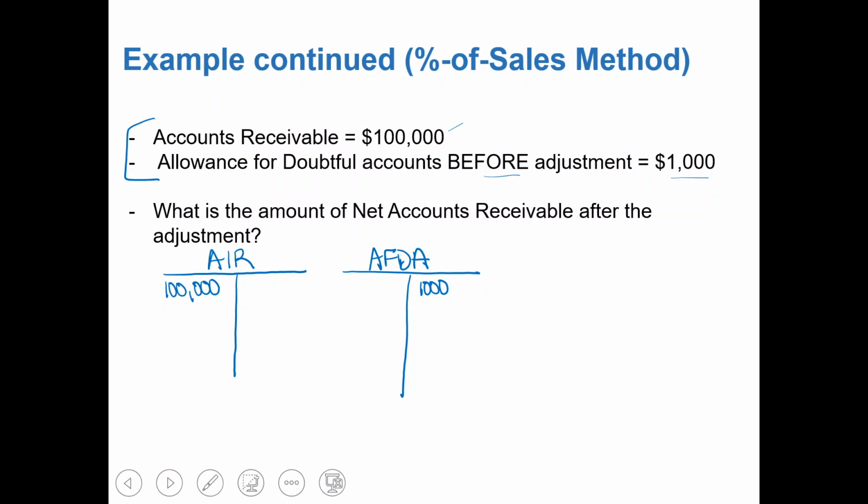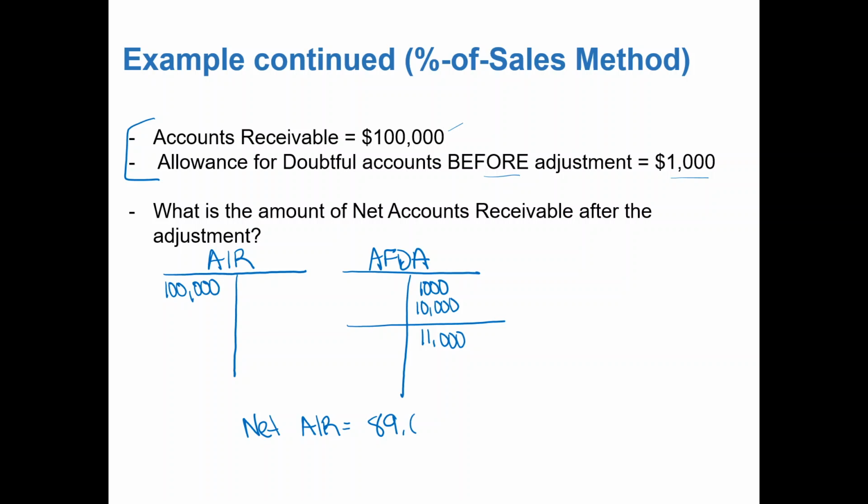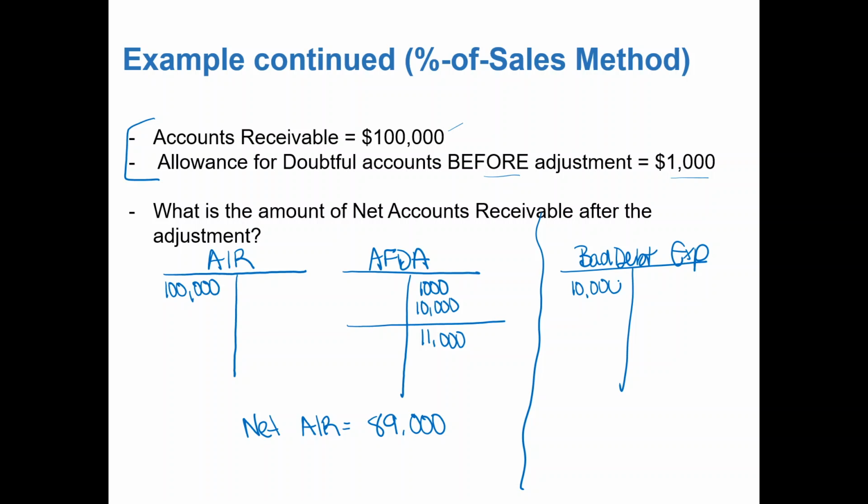So we add another $10,000 to AFTA, which gets our balance to 11,000. So after this, our net AR that you would see on the balance sheet is at $89,000. And we know we would also have our bad debt expense as well. This is not part of net AR, but just to make sure we show that, it would have that $10,000 that was booked as well.